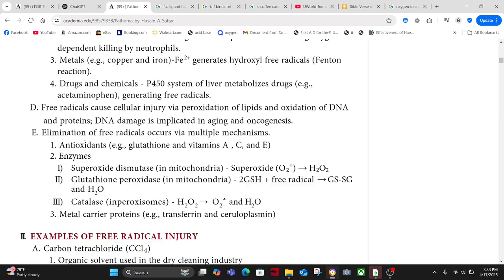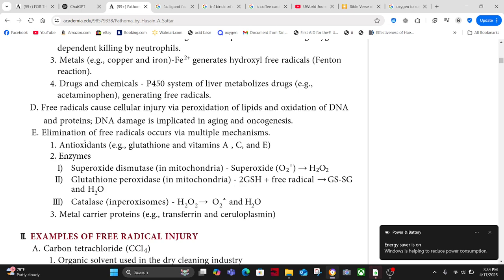The antioxidants here are glutathione and vitamins A, C, and E. The next way the body eliminates free radicals is by enzymes, specifically superoxide dismutase, which is in the mitochondria, and glutathione peroxidase, which is also in the mitochondria. Then you have catalase, which is in the peroxisomes.